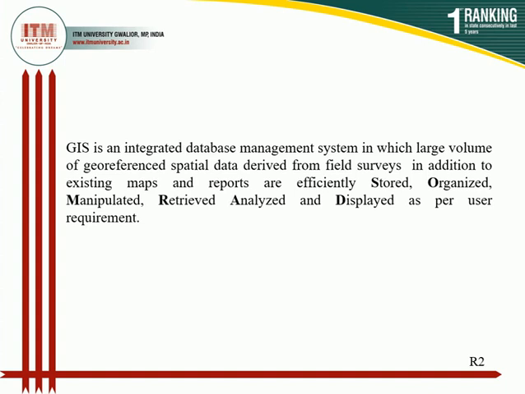So, in the GIS system, different sorts of data are stored. Those data are well organized, meaning they are organized in a proper manner. Then this organized data is further manipulated. Manipulated means a generalized form is maintained. All sorts of data are in different forms, some in tabular form, some in image form.